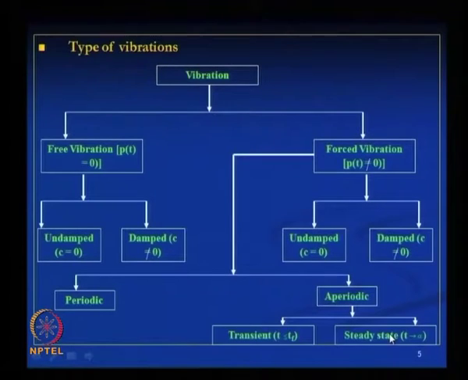And the steady state type aperiodic forced vibration, when the time for which the dynamic load is acting on the system is tending to infinity, that we classify as steady state aperiodic forced vibration. And as an example, we have seen wind load when it is acting on any structure or system, that we generally classify as steady state type aperiodic forced vibration.